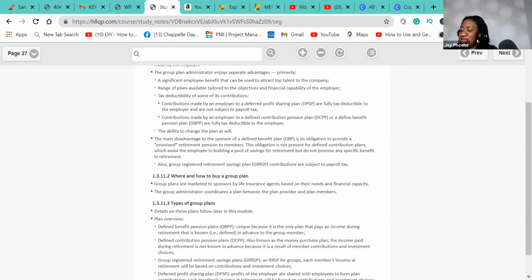Okay, so there's a DBPP, the defined benefit pension plan.